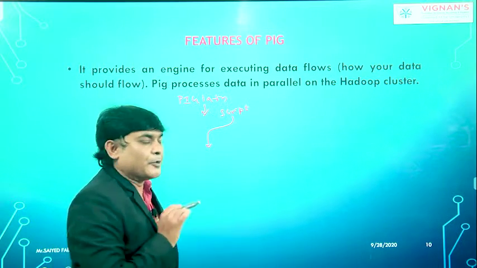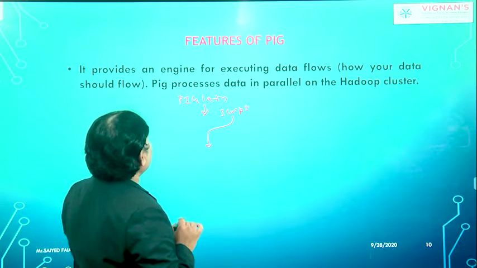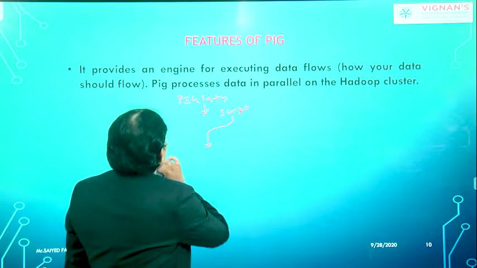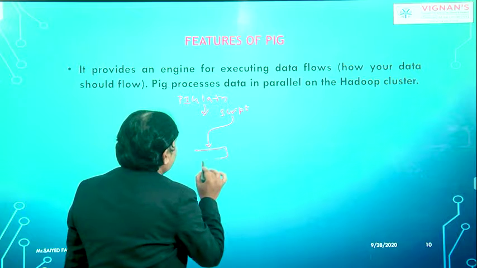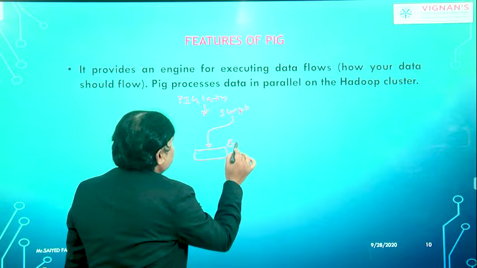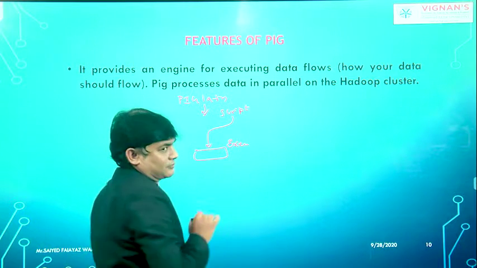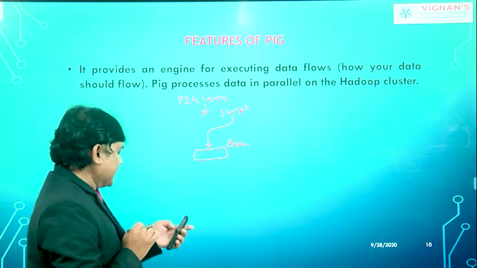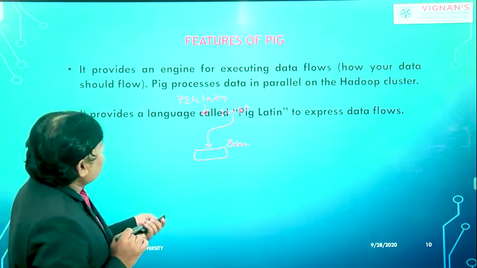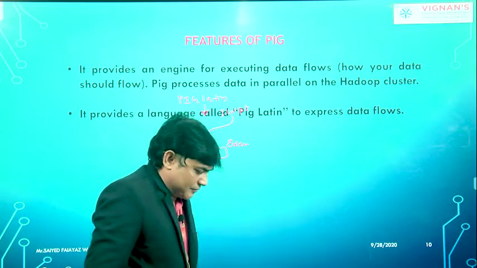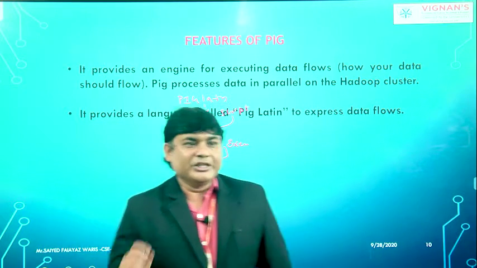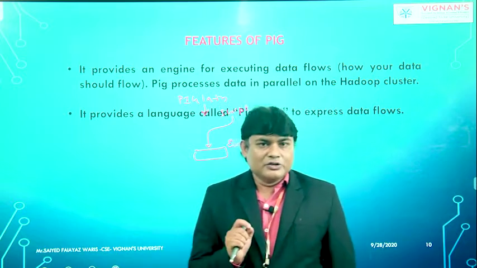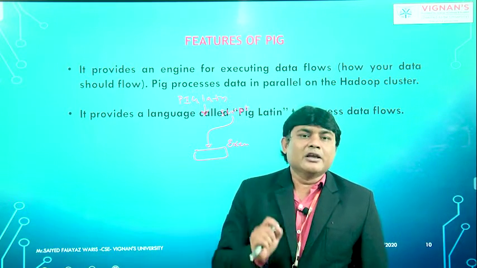For that, Pig uses an execution engine, which we are going to discuss in the architecture of Pig. It provides a language called Pig Latin to express data flows. As I already said, Pig uses only one language, which is called Pig Latin.